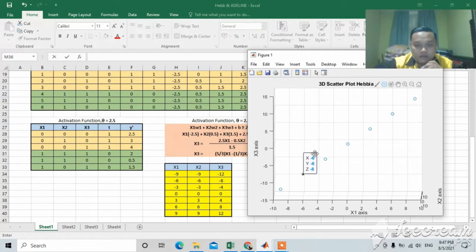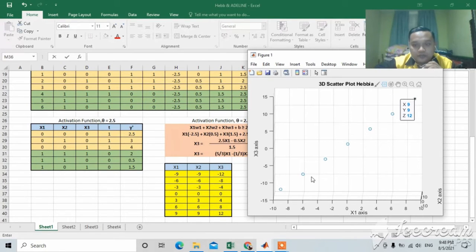And right here, negative 6, negative 6, negative 8, negative 3, negative 3, negative 4, 0, 0, 0, and we got x3 is 0, and 3, 3, 4, x1 6, x2 6, x3 is 8, and the last one is 9, 9, and 12.